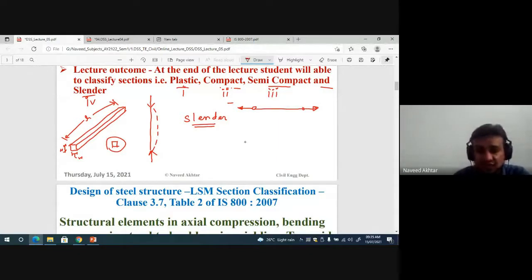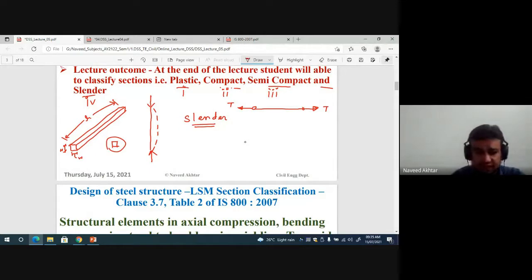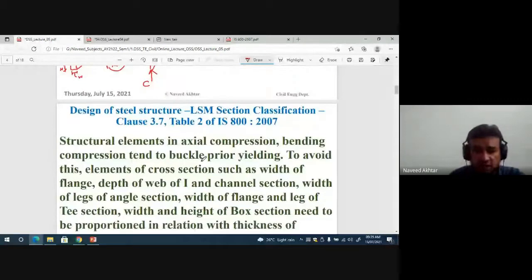That's why when you apply tension, there is no case of buckling. When you compress the member, then before yield strength of the member, the buckling will take place. So that's why bending and compression tend to buckle prior to yielding.